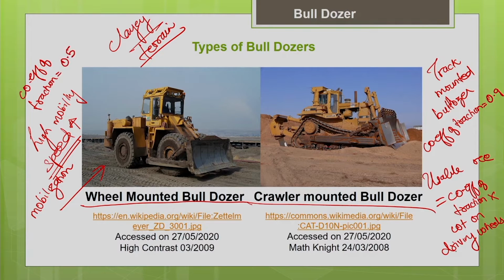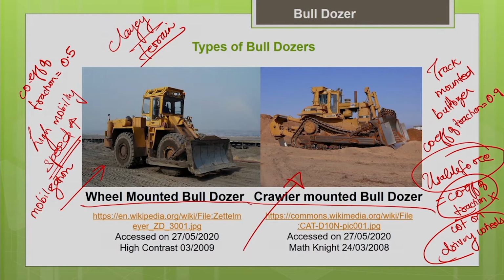So for the same weight of the machine, since the coefficient of traction is very high, obviously you can see that the usable force which is generated by this crawler mounted is going to be very much high when compared to the wheel mounted bulldozer. So that is why I told you, for very tough job conditions you have to go only for the crawler mounted.